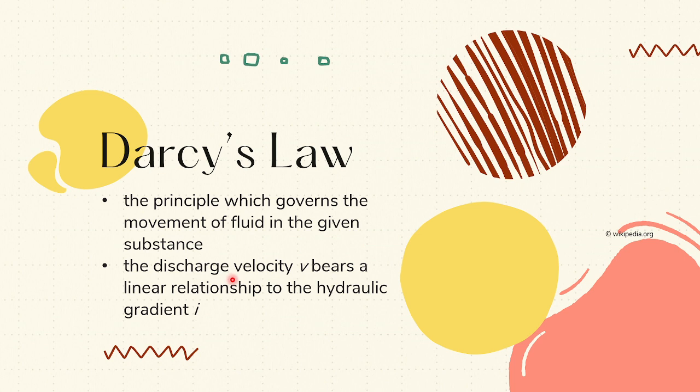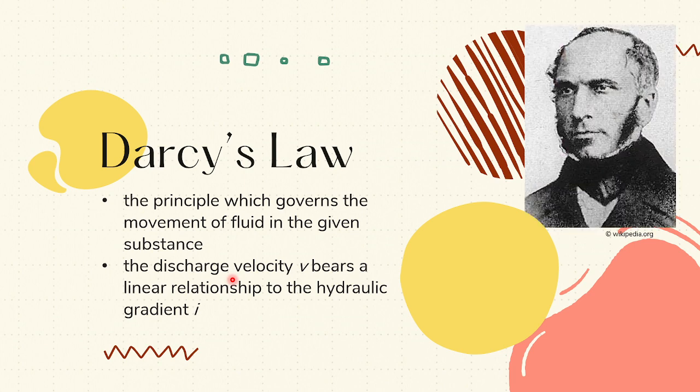And this is according to the experiments of Henry Darcy, a French engineer. Mathematically, we can write the discharge velocity V is equal to the hydraulic conductivity K times the hydraulic gradient I.